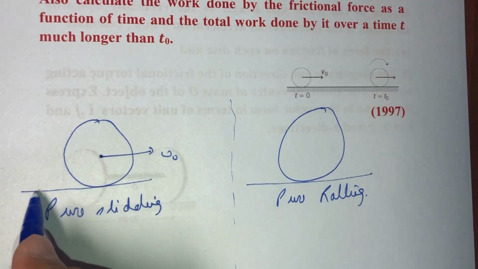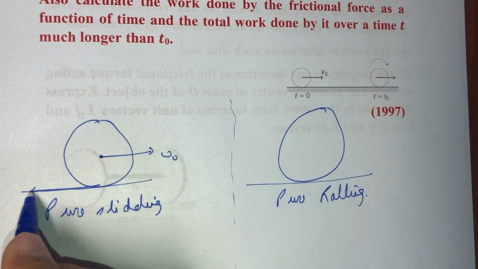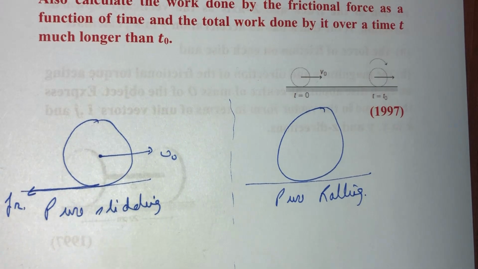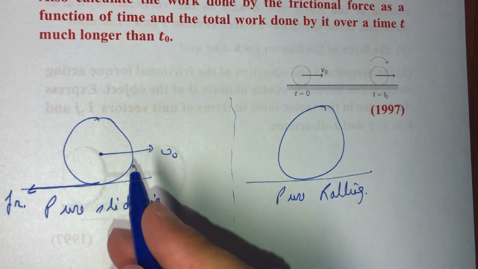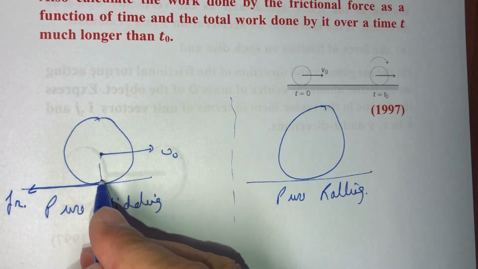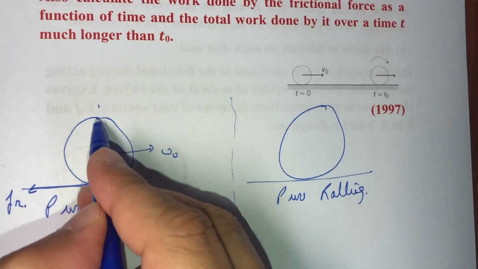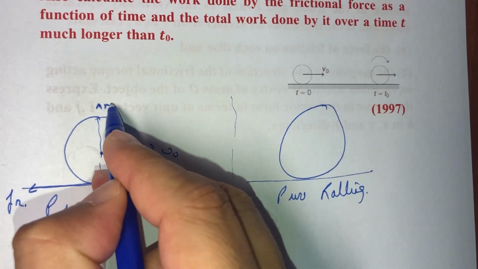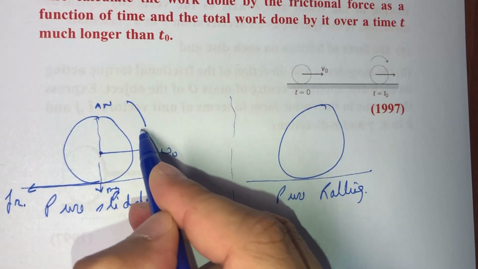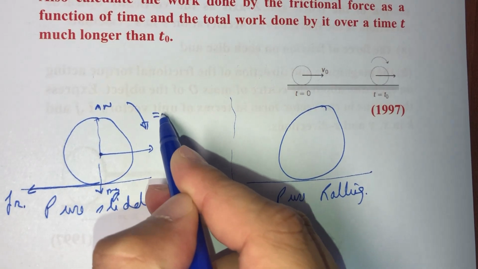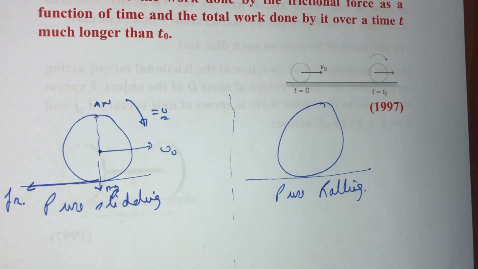So there will be a frictional force acting in the opposite direction. Let us suppose that is Fr, and in the downward direction we have mg, and there will be a normal force acting in the upward direction.